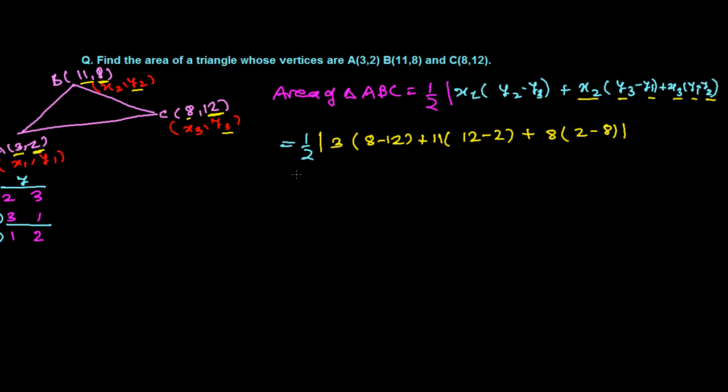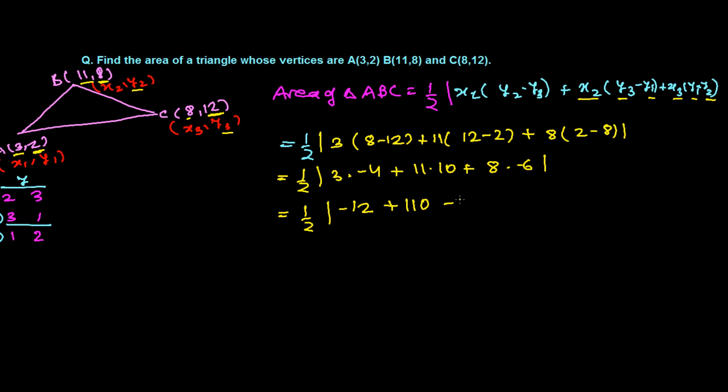So 1 by 2, now 3 times 8 minus 12, that's minus 4, and 11 times 12 minus 2, that is 10, and 8 times 2 minus 8, that is minus 6. So 3 times minus 4 is minus 12, then 110, and 8 times minus 6 is minus 48.